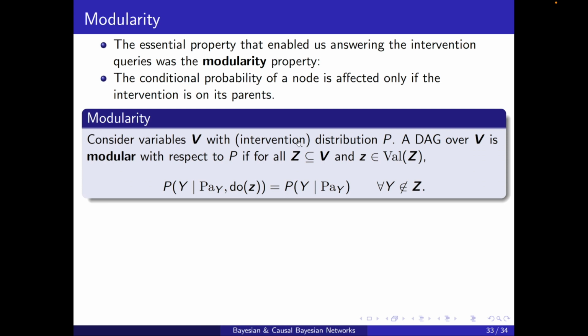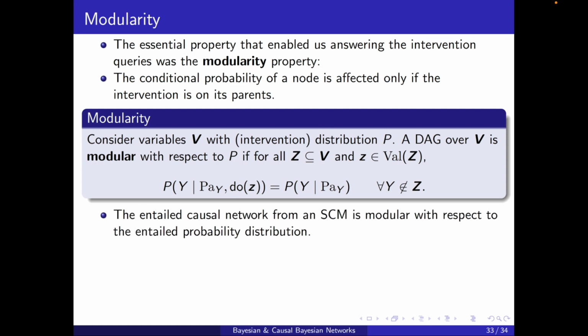Consider variables V with intervention and observational distribution P. A DAG over V is modular with respect to P if for all Z as a subset of V, P of Y condition on its parents and do of Z is the same as when you ignore do of Z, P of Y condition on its parents, as long as the intervention is not on Y. Okay, so this means that only the point that you're intervening on is affected, not the rest of the graph.